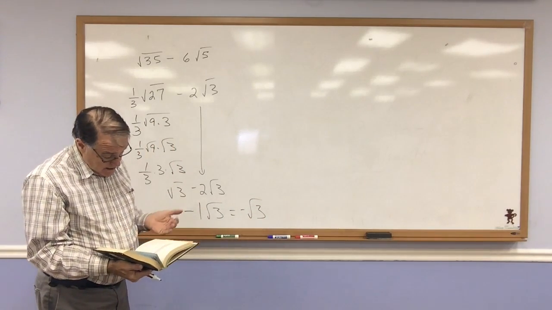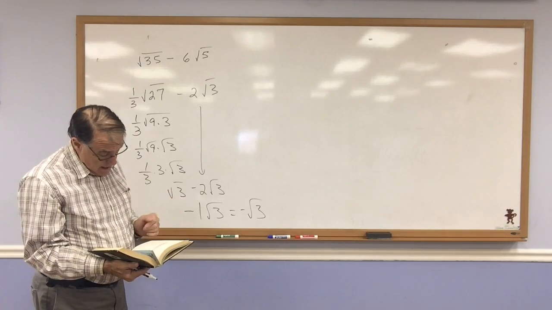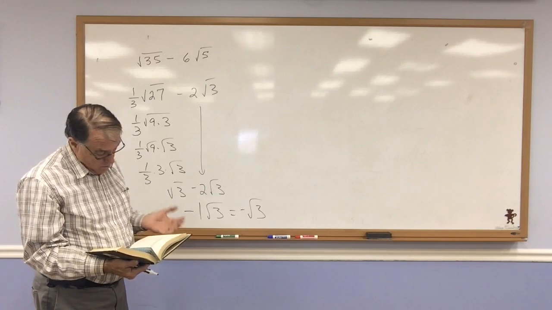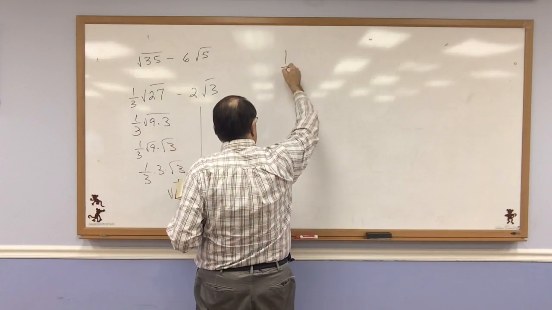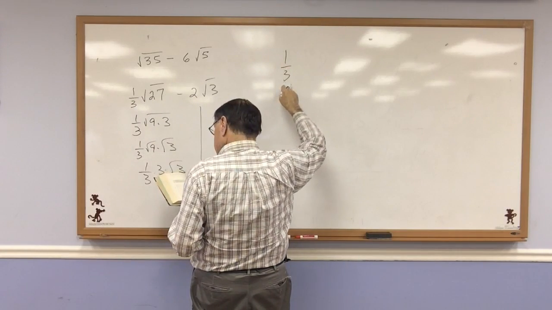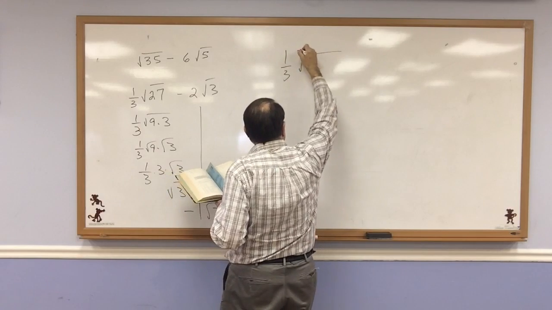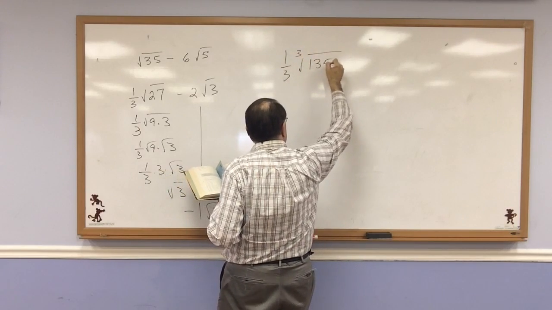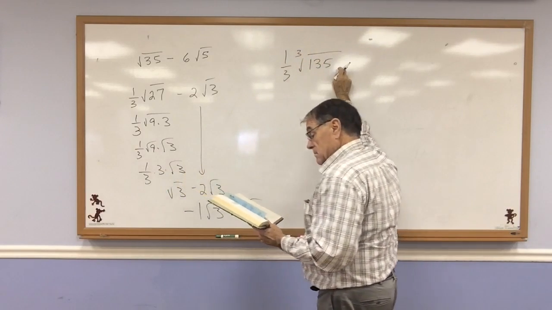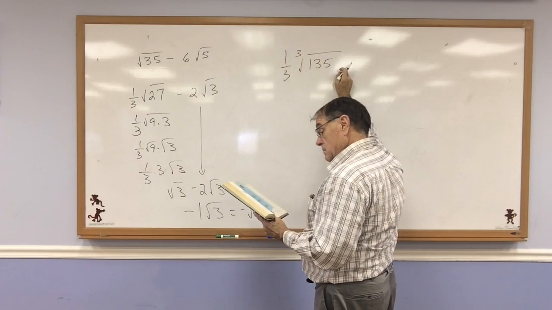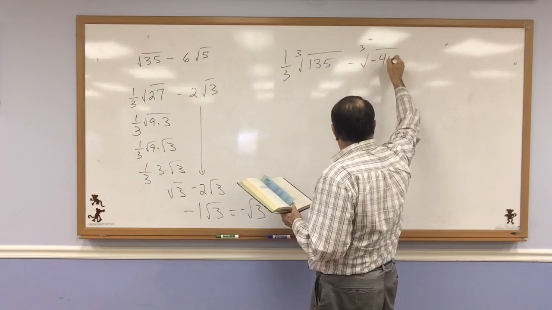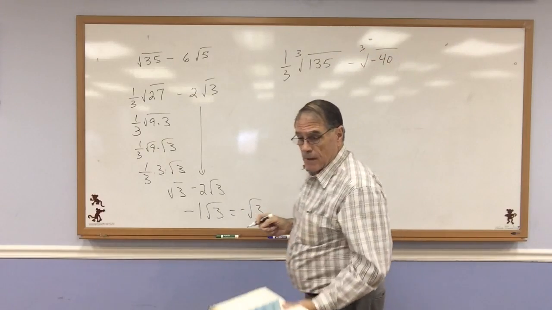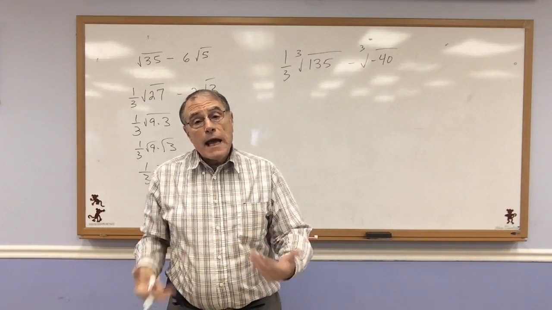Let's take a look at an example, this time where we have a cube root. Let's say I've got 1/3 times the cube root of 135 minus the cube root of -40. Alrighty. Well, 40 I know is 8 times 5.